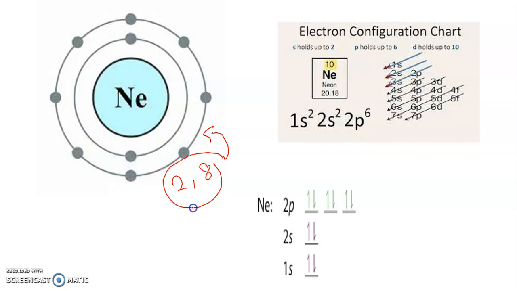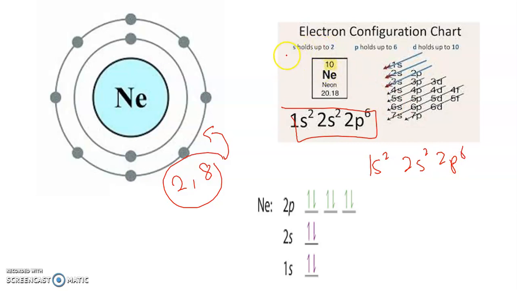So 2 for the first shell, and the remaining will be given to the second shell. And later on, if we want to write in this way, what we need to do is use this table. So 1s2, 2s2, and 2p6.